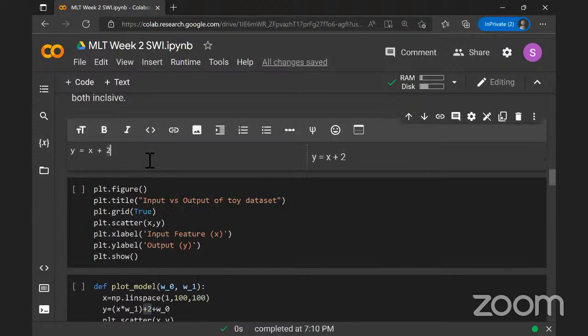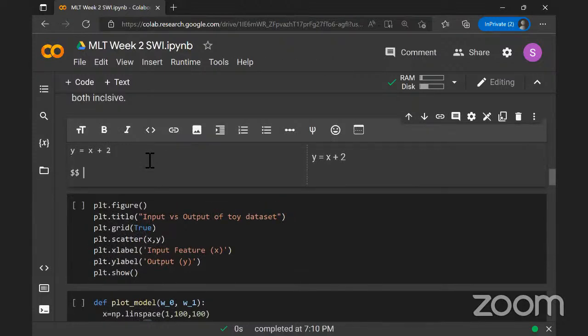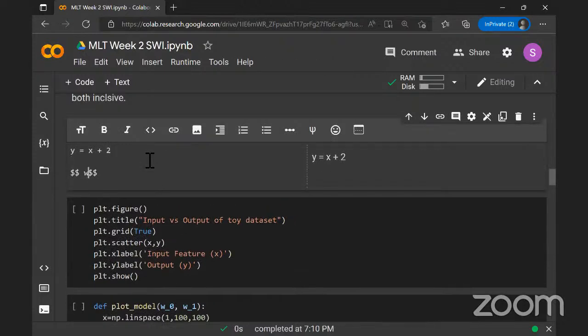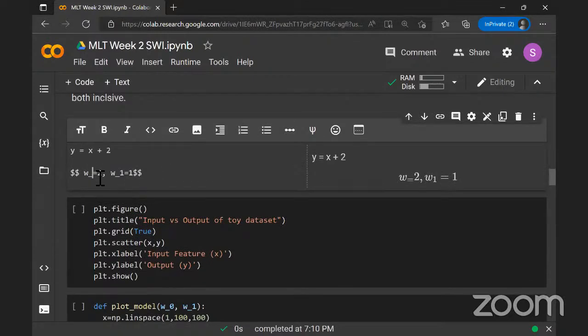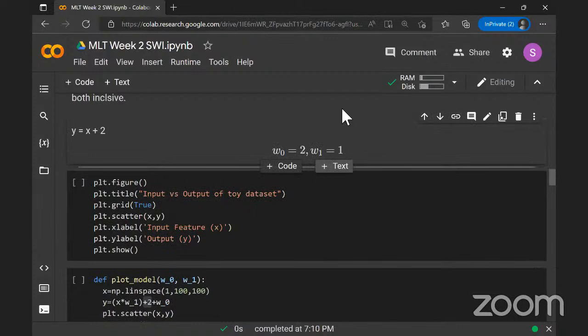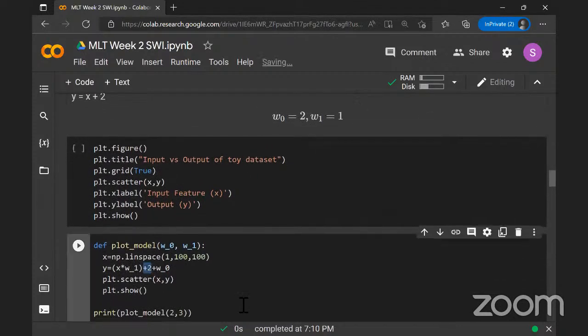Okay, I think for this one, what is meant is W_0 is equal to 2 and W_1 is equal to 1. What do you say? Oh, I didn't know that. Right? Yes, sir. Okay, so we can remove this 2 from here and this looks okay.